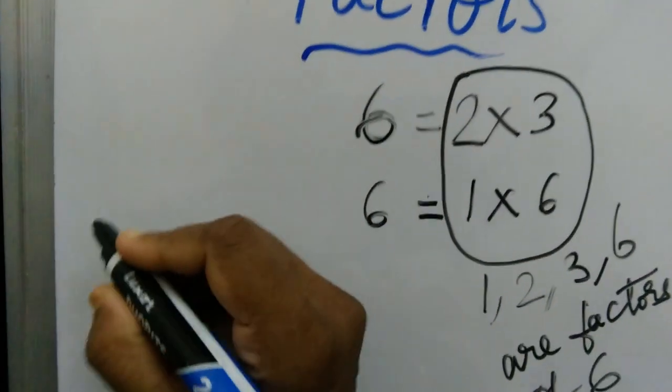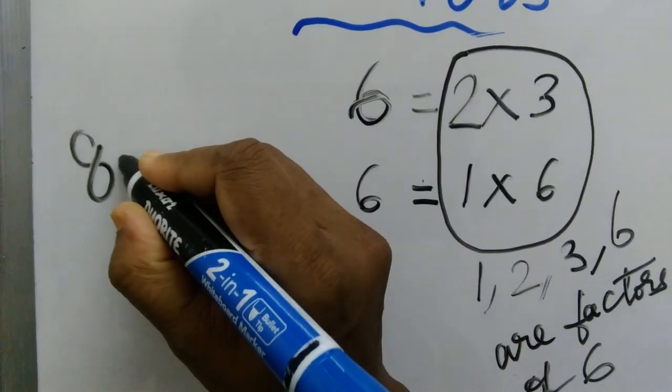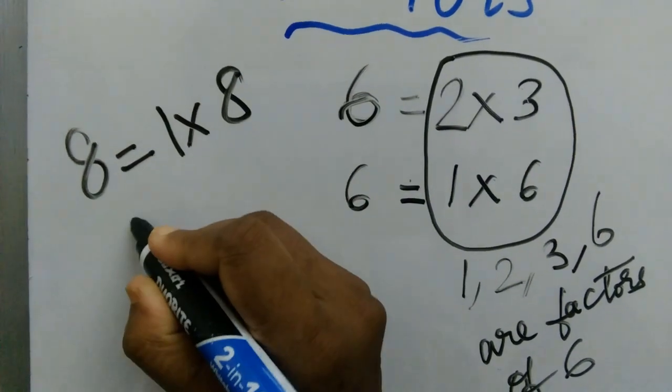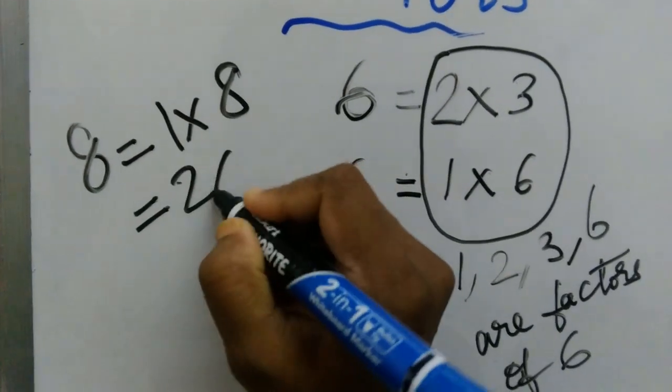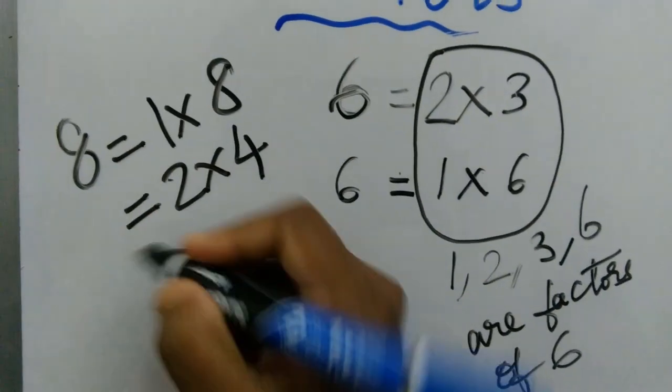For another example, we can take 8. 1 into 8 is 8. Then 2 into 4 equals 8. Is 8 coming in any other table?